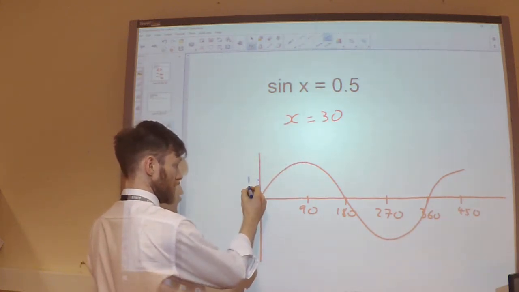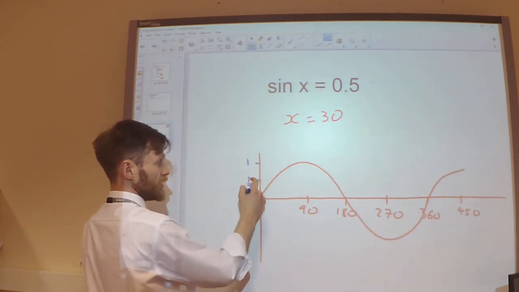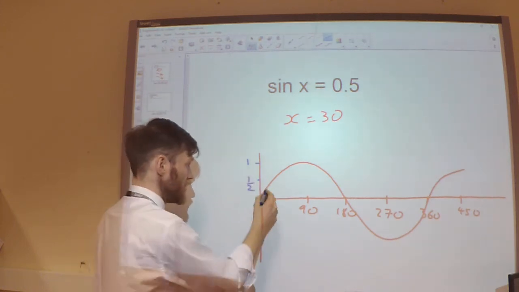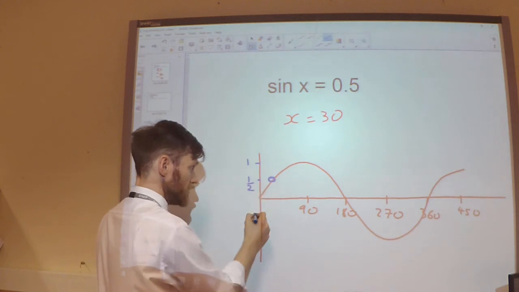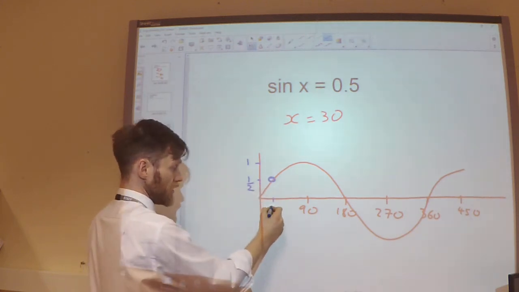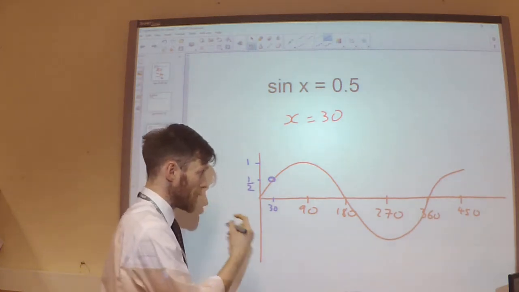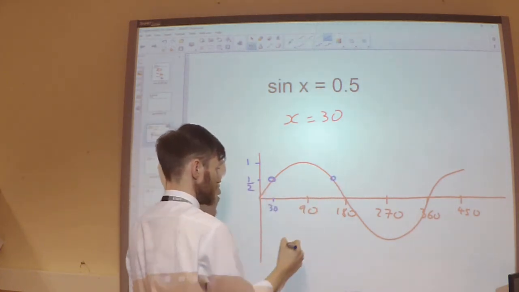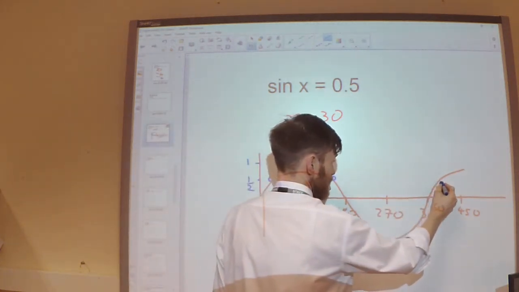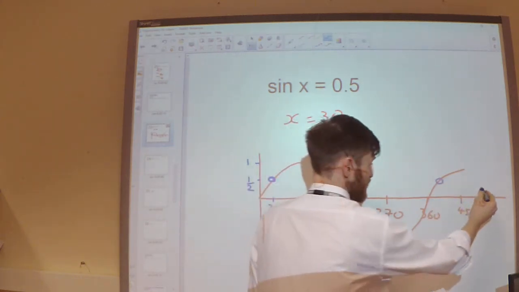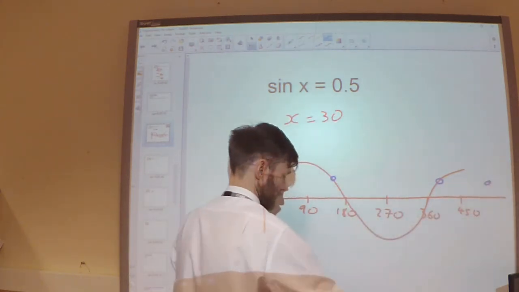So here's half. Let's remember that the sine function goes up to 1. So there's this answer here, where sine 30 equals 1/2. But there's also another answer here. And there would also be another answer over here. There'd be another answer over here, and so on.